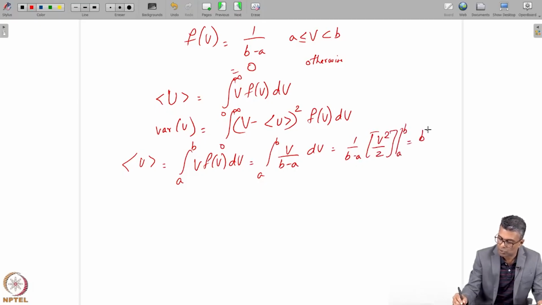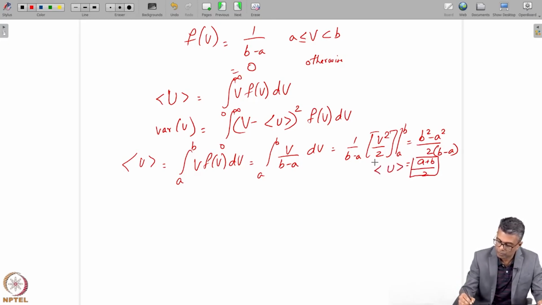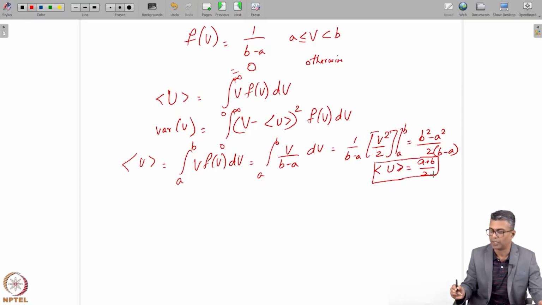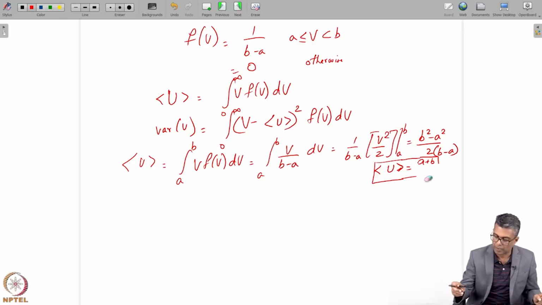So that would be b squared minus a squared over 2 times b minus a. So that would be a plus b divided by 2, isn't it? That is your mean. Your mean is a plus b divided by 2. Just so that we are clear, let me just write this clearly.